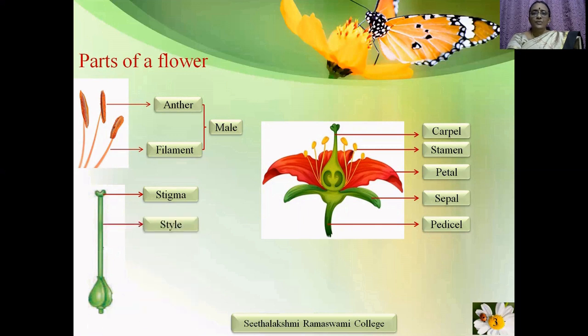The style, which is a long, slender stalk that holds the stigma. The ovary, which forms the base of the pistil or the carpel, and the ovary holds the ovule. Stigma, style, and the ovary make up the female part of the flower.